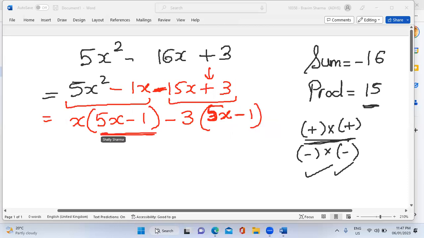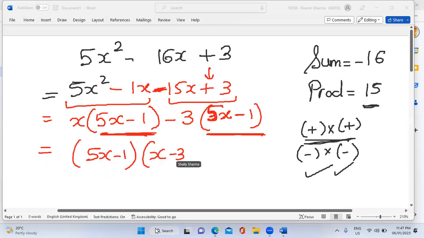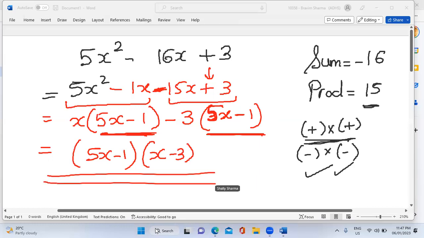When you factorize these kinds of questions, this bracket part should come out the same. You can't write it forcefully; these expressions should come out this way only. If they are not the same, that means we have made a mistake, and you need to recheck your work. So one factor, 5x minus 1, is common, and the next factor is x minus 3. This completes the question. Thank you.